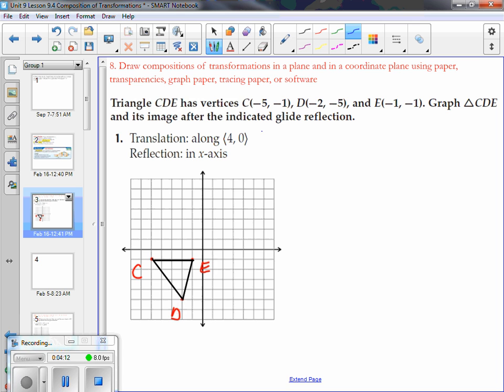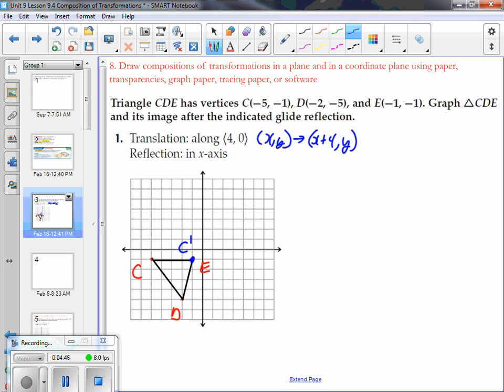Now remember what we do here. Let's write this with this notation. So that x coordinate of 4 means 4 to the right, which means we add 4 to each x coordinate. The y coordinate of 0 means 0 up or down, so we don't add or subtract anything from the y coordinate. So that means that C prime, we move it 4 to the right, 1, 2, 3, 4, and that's where C prime is.